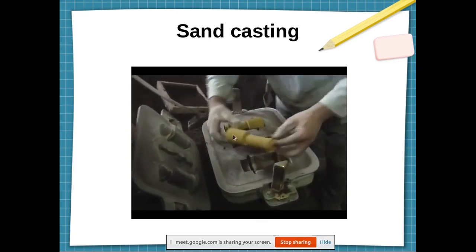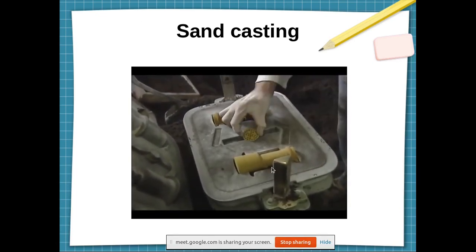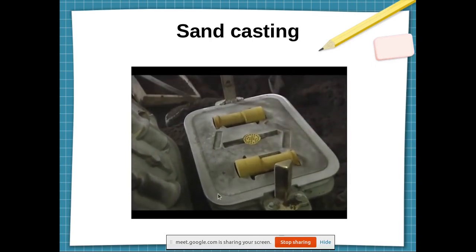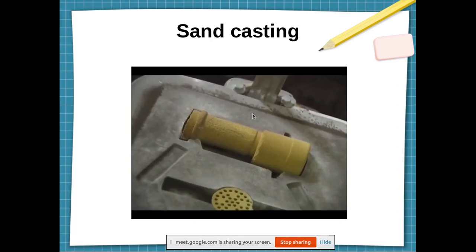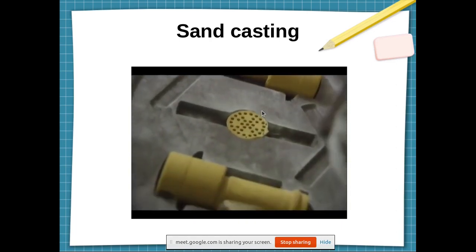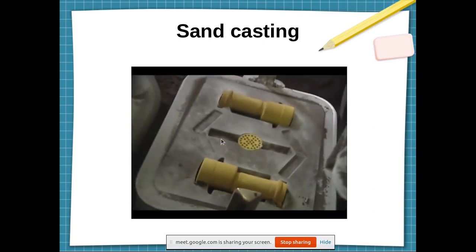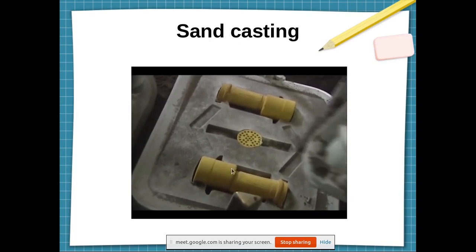Now, these are known as the cores, these yellow things that he places in there. So for example, whatever he wants to make, he wants it to have a hole inside it, or he wants it to have this shape. So he'll place these cores within the pattern. So this is the bottom, and then he will place the top one.